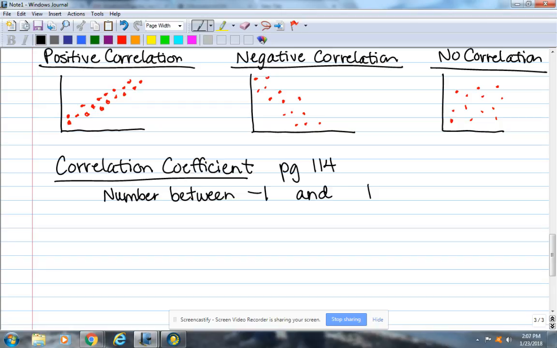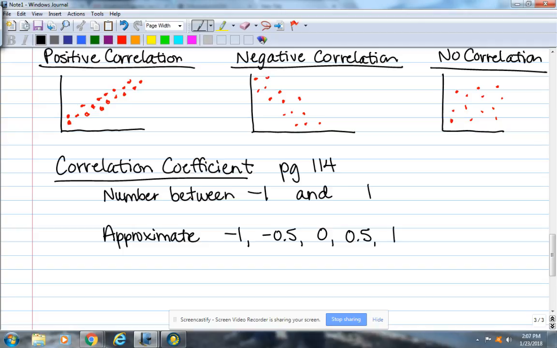It's no correlation. So what you're going to do is they're going to ask you to approximate whether the number for your correlation coefficient is a -1, a -1/2, 0, a +1/2, or a +1.